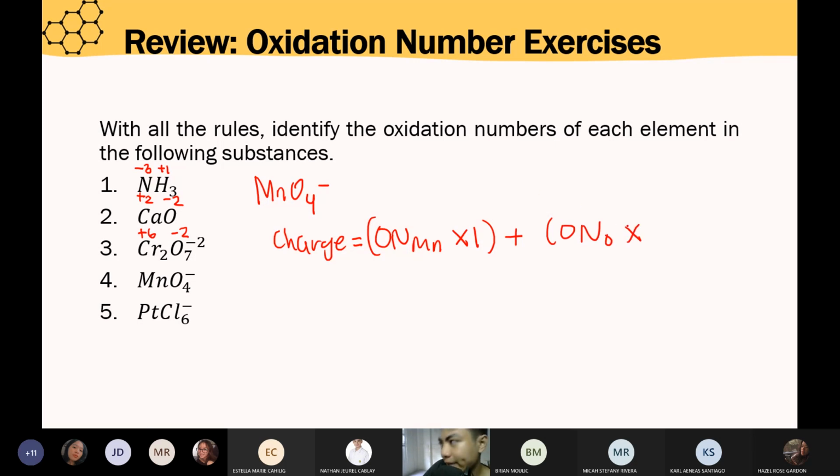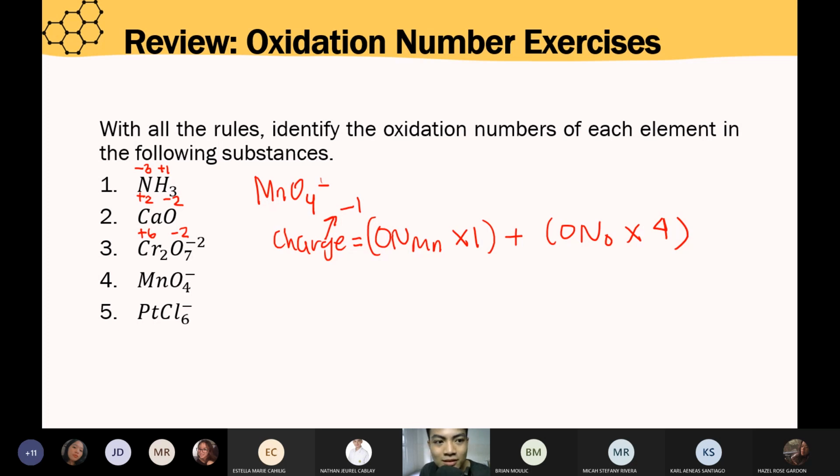Ilan yung oxygen? 4. Okay. So, ano charge? Ayun, negative. So, negative 1 yan.